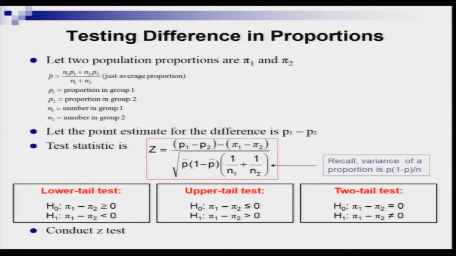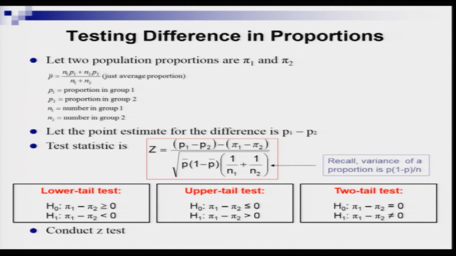So, the same philosophy or the concept is applied here in the numerator, and in the denominator what are we seeing? So, if you remember, the variance of a proportion is basically p times 1 minus p divided by n, that we have seen earlier. So, now p is unknown. So, we have to get a proxy measure for p from the sample, and that is basically your p bar, the overall sample proportion.